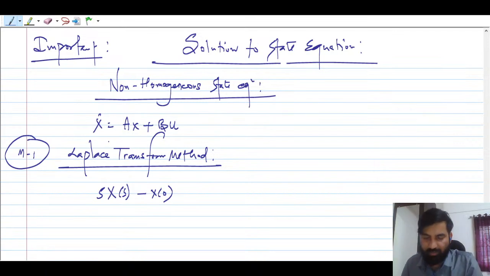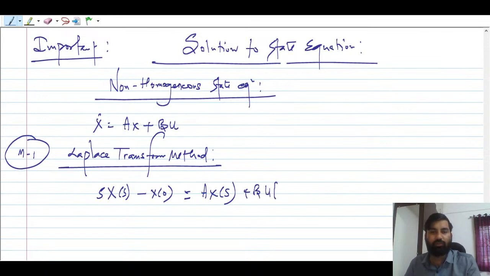This is the Laplace transform of a derivative if some initial value is given, as in initial value problems. So s X(s) minus x naught equals A times X(s) plus B times U(s).